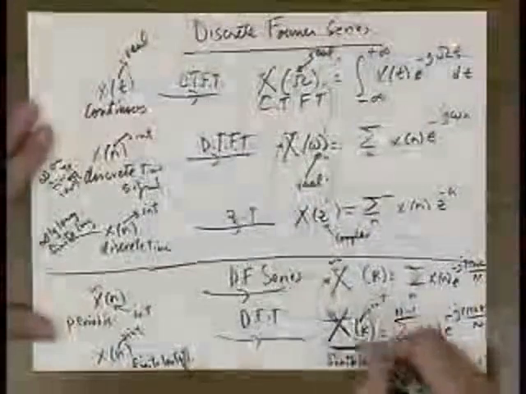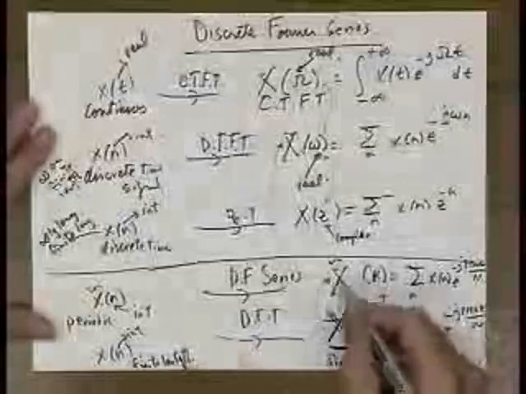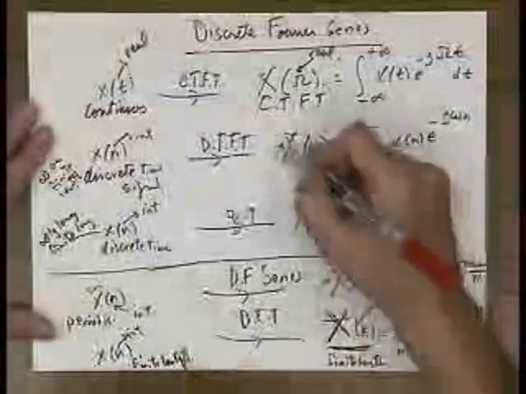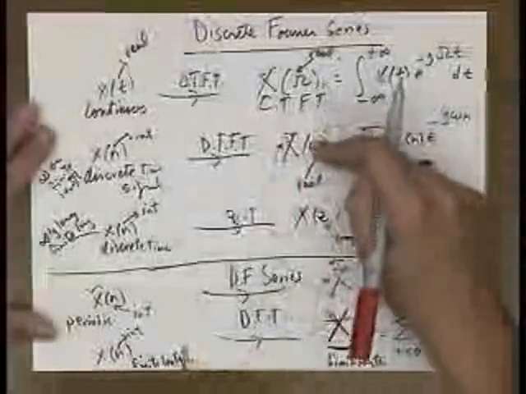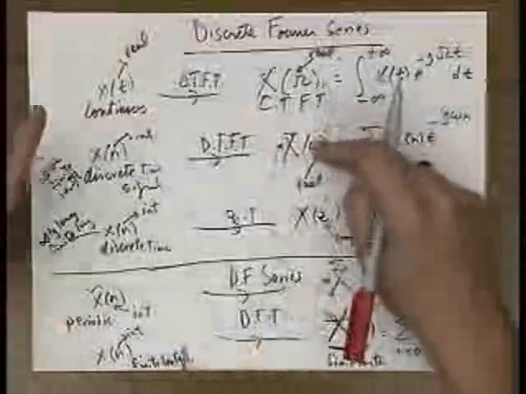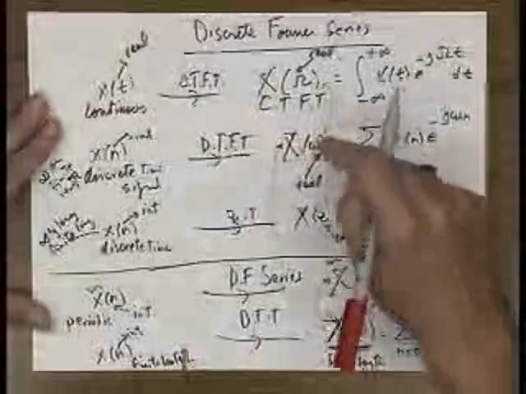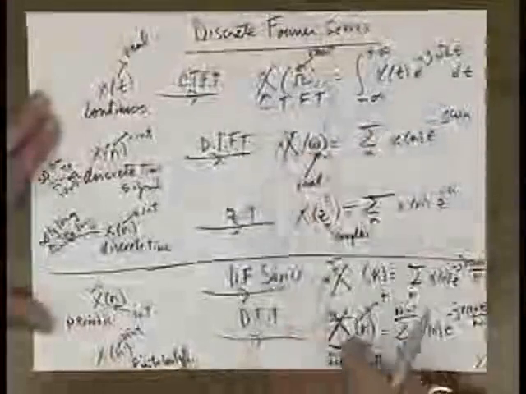So in some sense, you can arrive at the DFT from 2 different perspectives. You can either arrive at it from a discrete Fourier series perspective, or you can arrive at it from a discrete time Fourier transform. Just a bit of a preview. What you'll see in today's lecture and perhaps Wednesday's lecture is that equally spaced samples of x of omega are x of k.